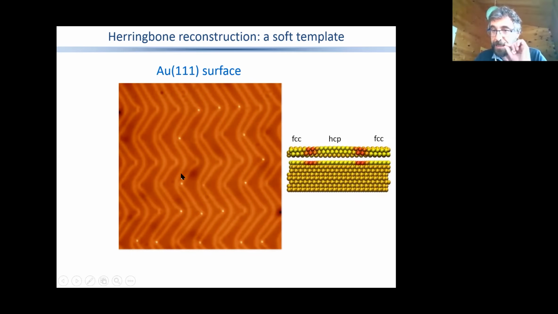That's because the last atomic layer of gold is relaxed in a different way from the bulk. So the atomic distance that is optimum for this last layer is different, and therefore the stacking is not the same, okay? Some of the atoms like to stack in a given way, it's called HCP stacking, and other ones are stacked in a different way, we call them FCC, and in between you have some kind of domain walls.